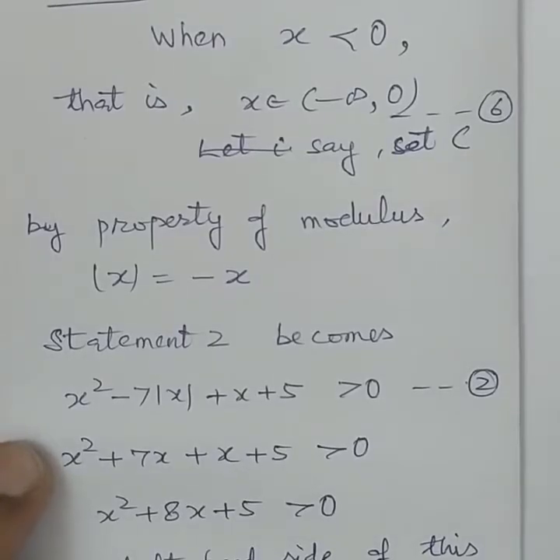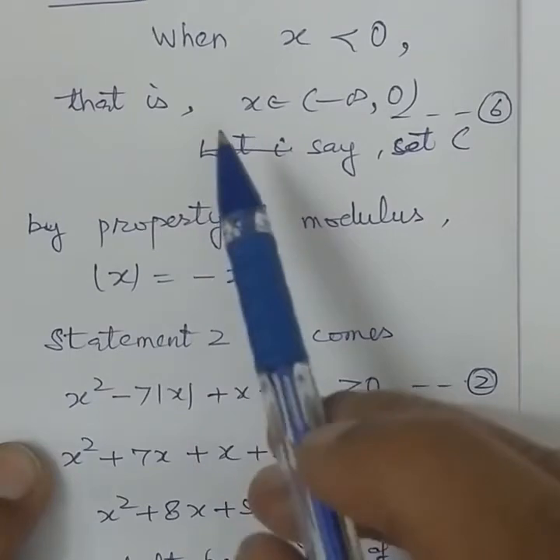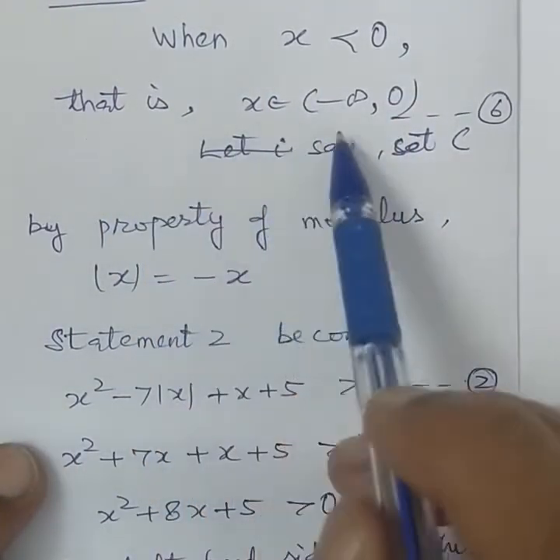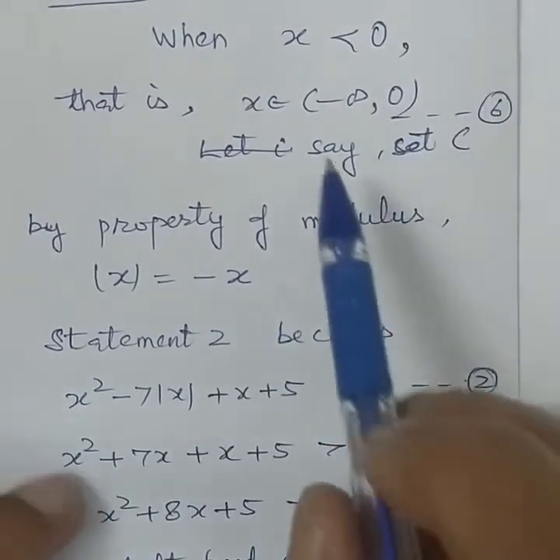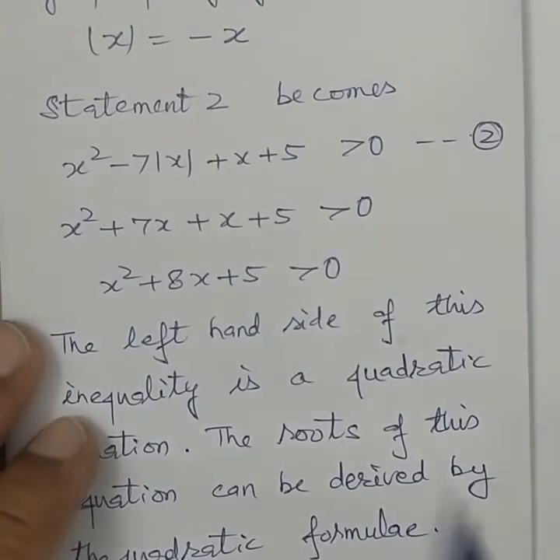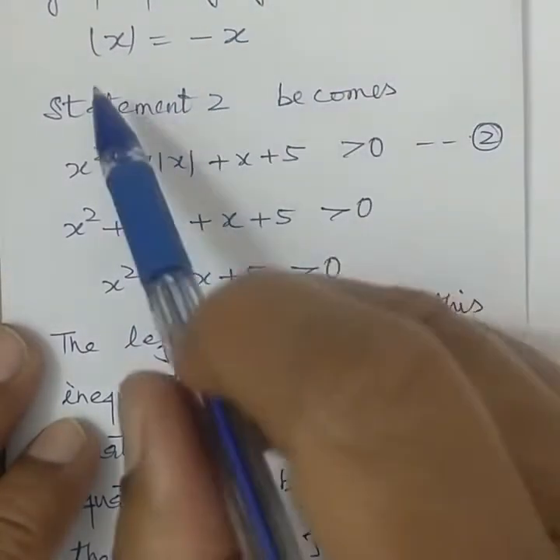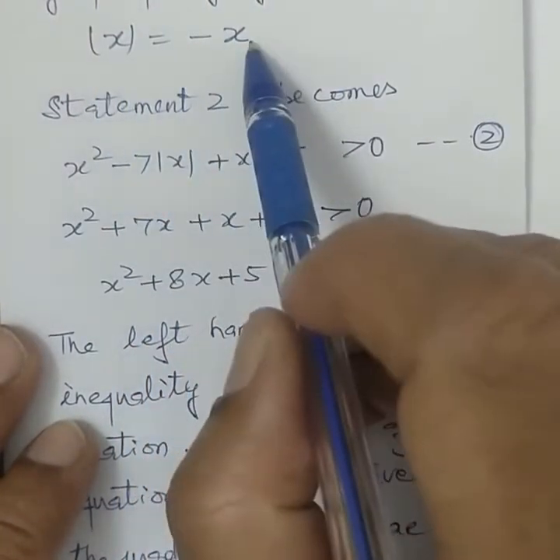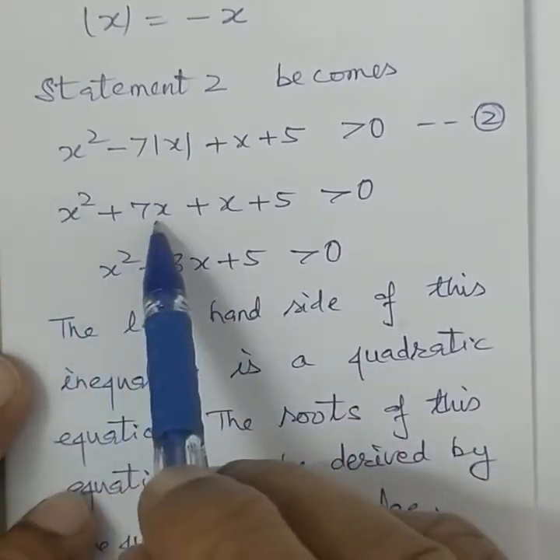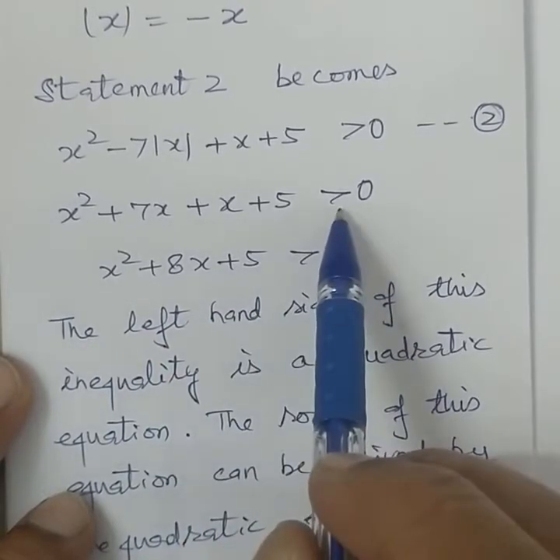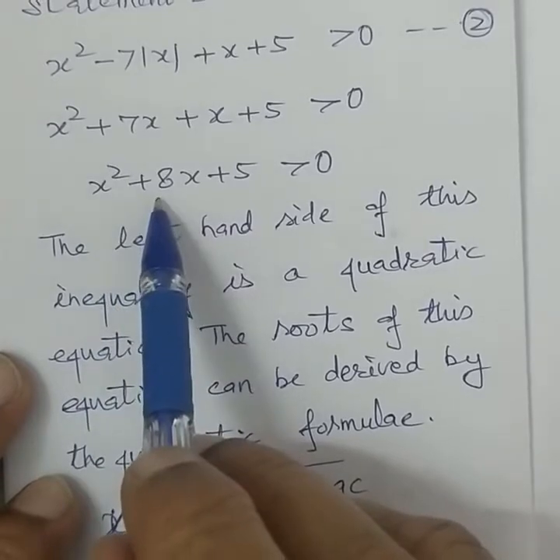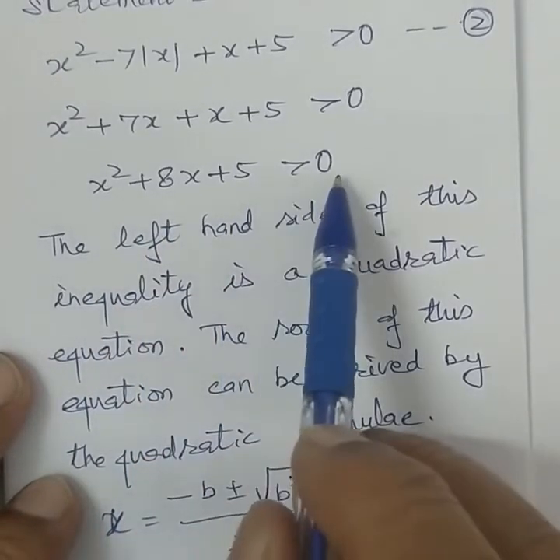Let us now derive the solution set of case 2. Case 2 is when x is less than 0, that is x belongs to minus infinity to 0. Let us say this is set C. By the property of modulus, when x is less than 0, modulus x is equal to minus x. Statement 2 becomes x square plus 7x plus x plus 5 greater than 0, or x square plus 8x plus 5 greater than 0.